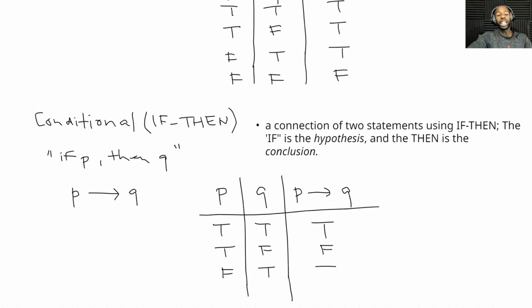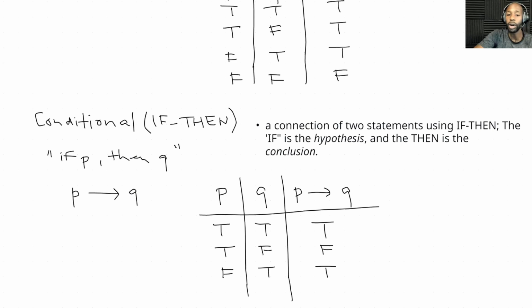And again, that's because P is a condition for Q to be true. So definitely if P happens, Q happens. That's why both of them being true is true. That's why the conclusion being false is false, because if P is true, then Q has to be true. However, if the hypothesis does not happen, it doesn't necessarily mean that the conclusion is not going to happen.